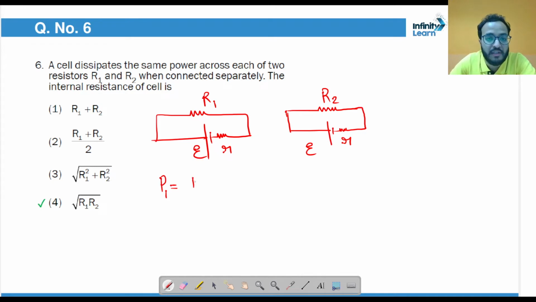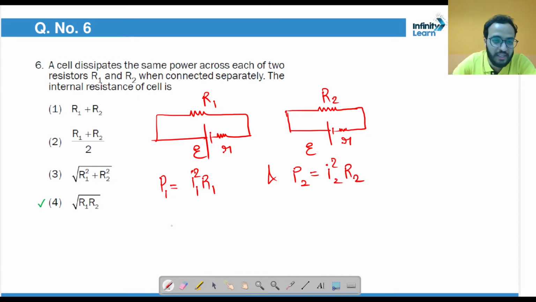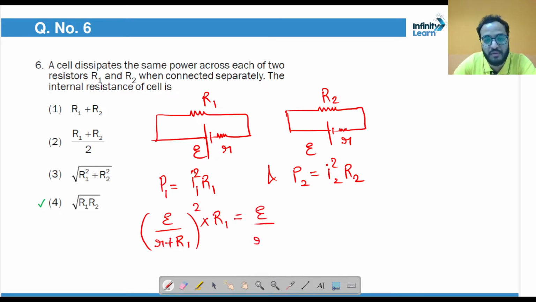It will be I1 square into R1, and it will be I2 square into R2, right? So how much is I1? E upon (small r plus capital R1) whole square into R1 is equal to E upon (small r plus capital R2) whole square into R2.